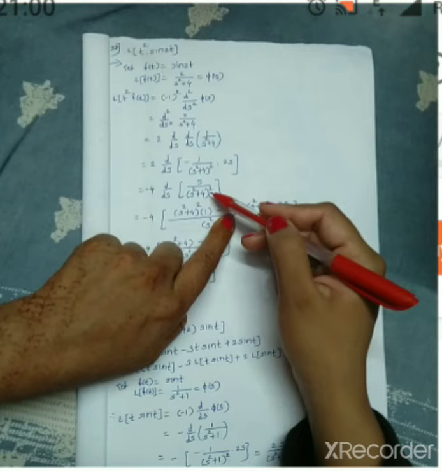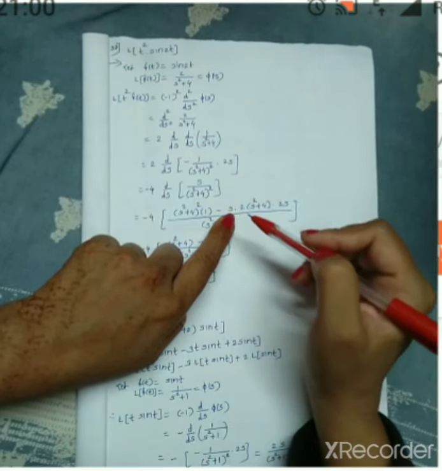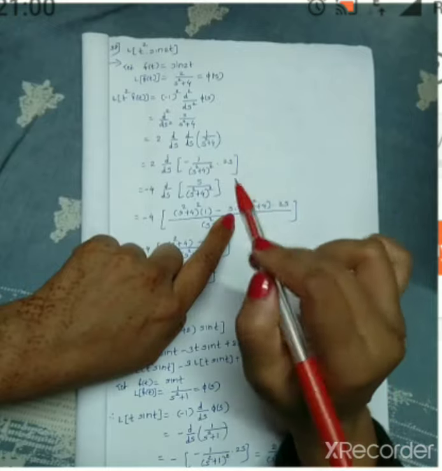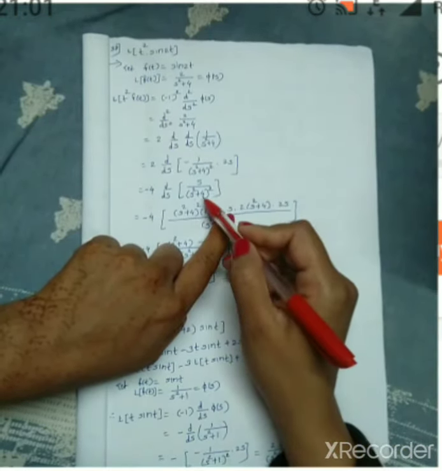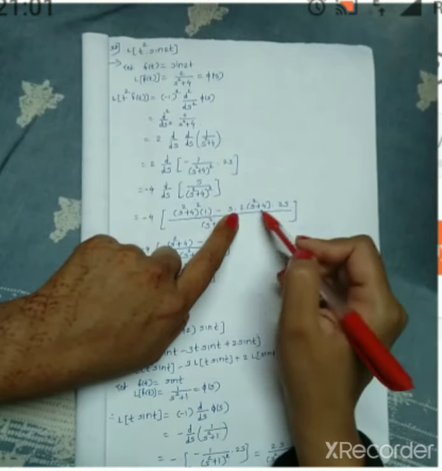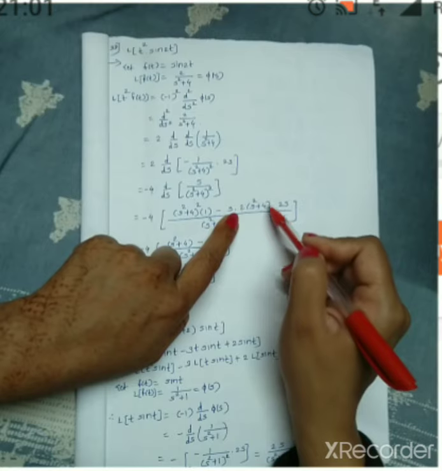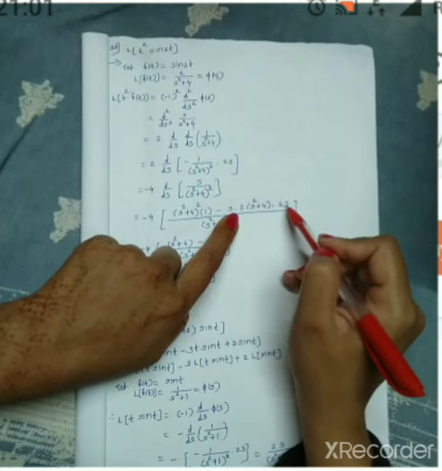How to do the derivative of a bracket squared? First apply the x to the n derivative. For example, x squared derivative is 2 into x raised to 1. Here apply the x squared derivative first, that is 2 into this bracket raised to 1. Now it is not only x, that's why we apply the derivative of the bracket as multiplication.